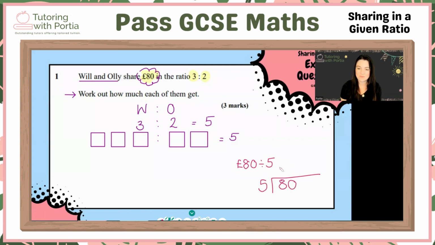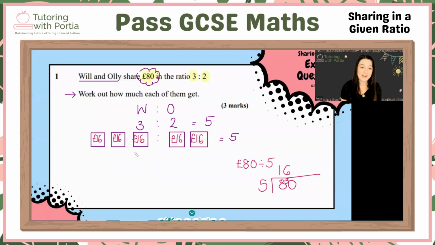So 5's into 8, well, that goes 1 time with 3 left over. 5's go into 30 6 times. So therefore, we now know that each of these parts has a value of £16 because we took that £80 and we've shared it equally between those 5 parts.